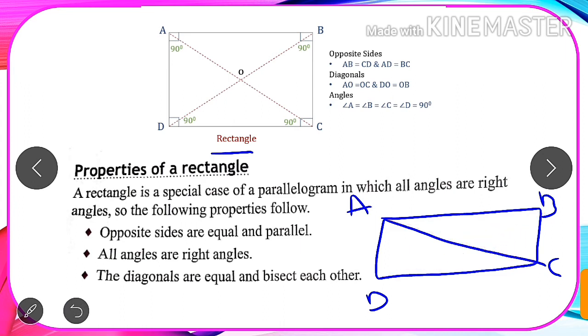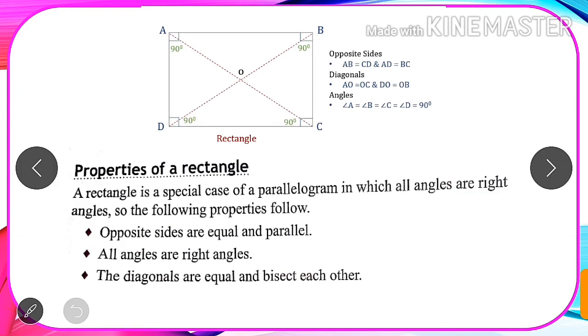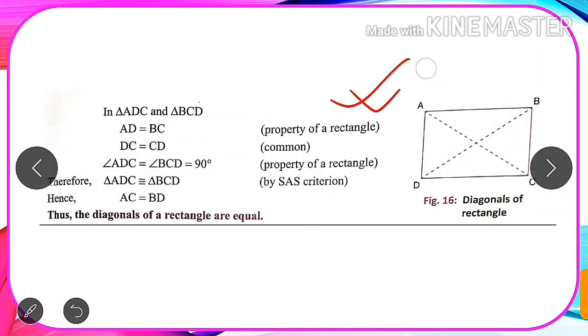So the conclusion is that AO will be equal to OC and OD will be equal to OB. With this we come to the end of the important properties of rectangle. In the end we will see the formula for calculating area and perimeter, and next we have the proof, which we will see in the next class.